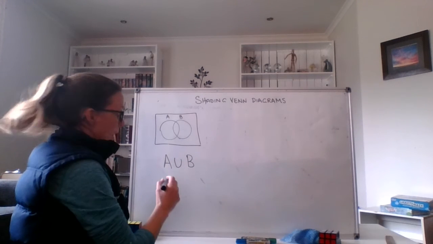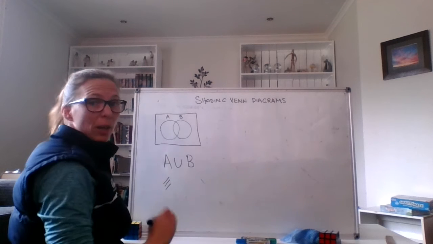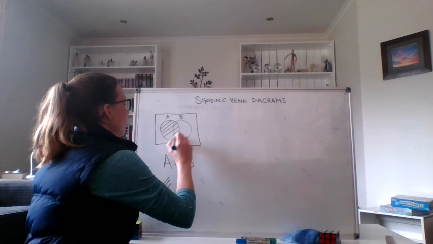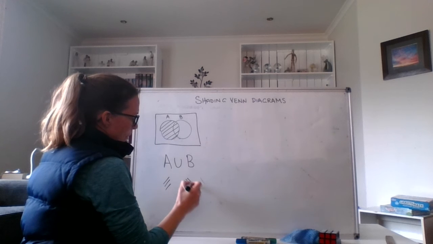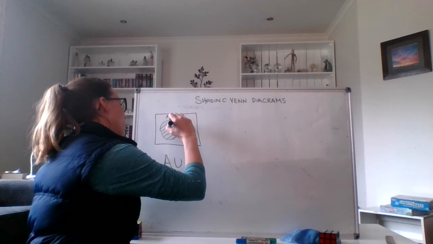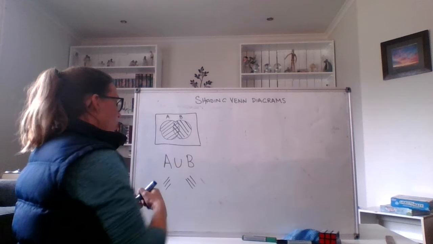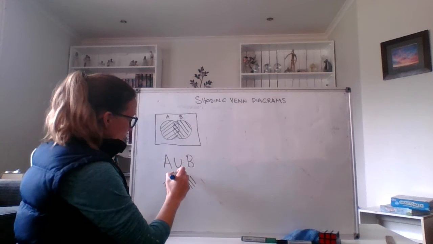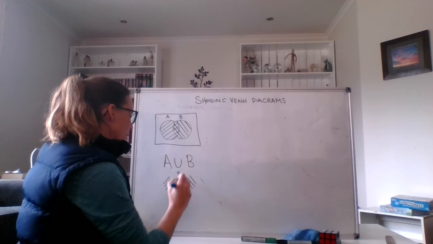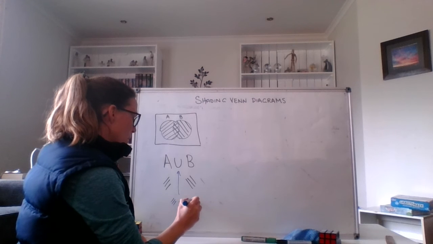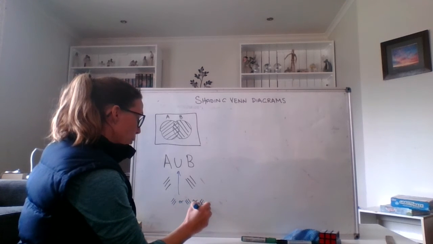I'm going to start the same way. I'm going to shade my A's with a diagonal shading this way. So here's my A. I'm going to shade my B the opposite direction. Now, when I look at the word or, the symbol union, the union means I want this or that or both.